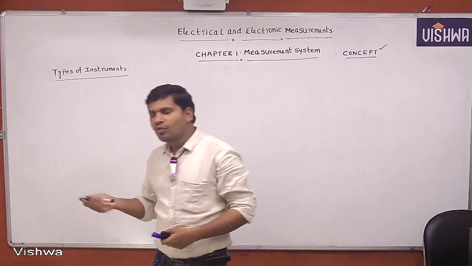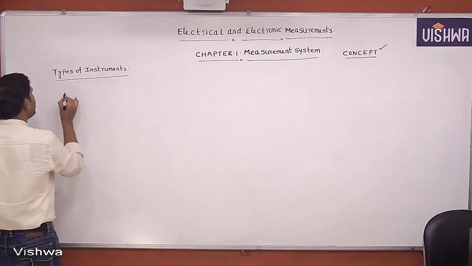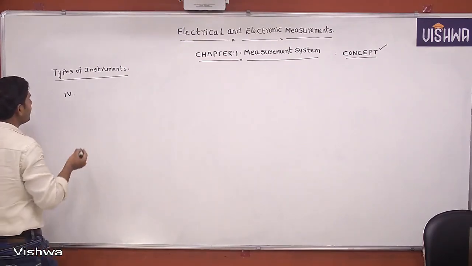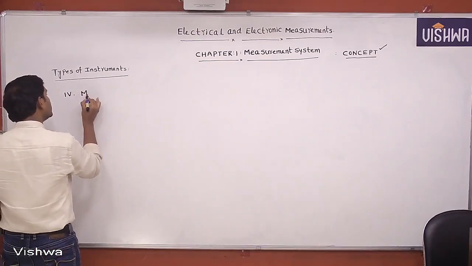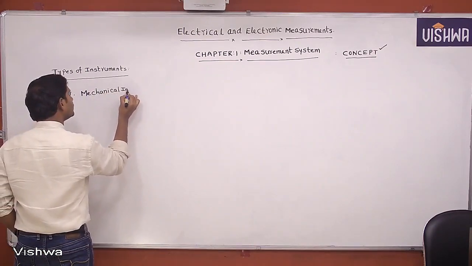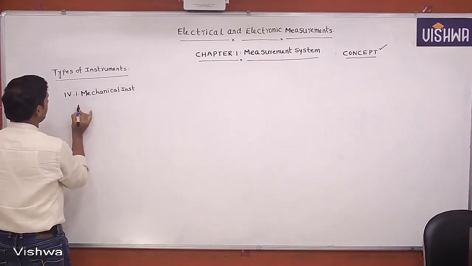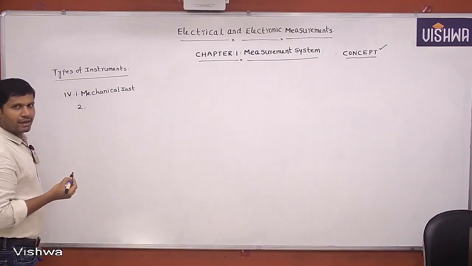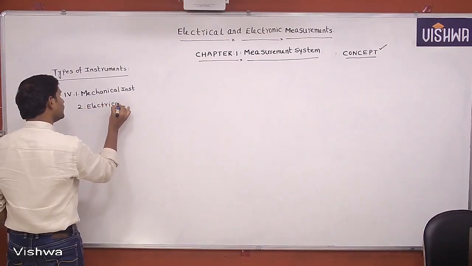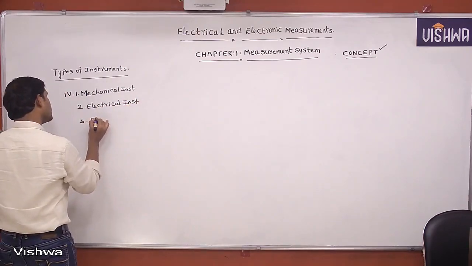Then we will see the fourth classification of instruments. The instruments are broadly classified into mechanical instruments, another one is electrical instruments, and the third one is electronic instruments.